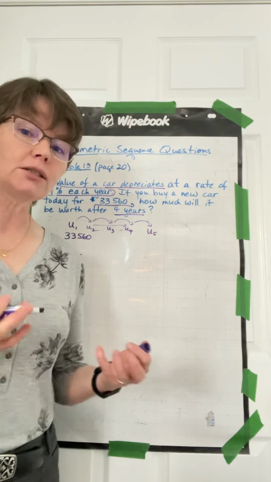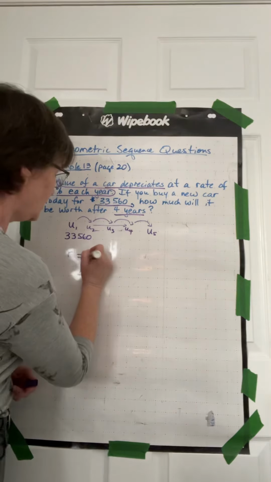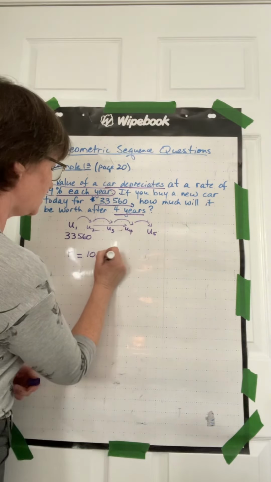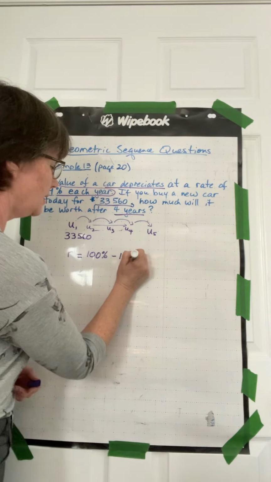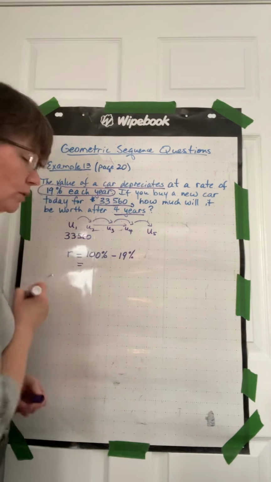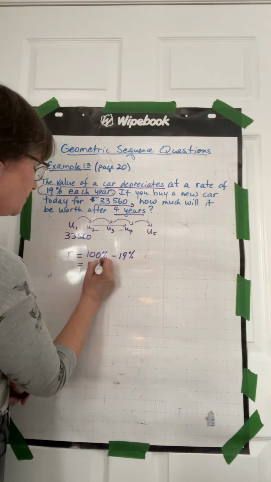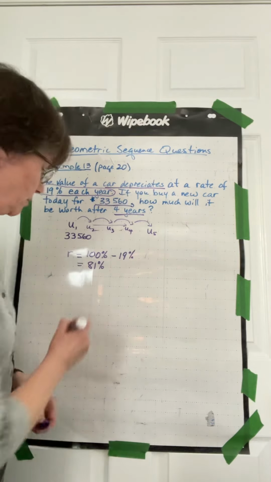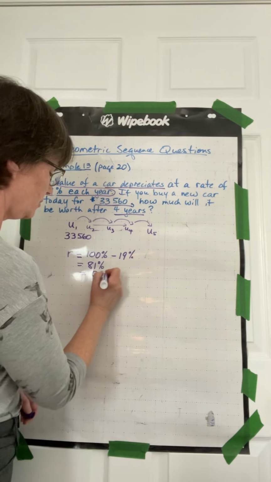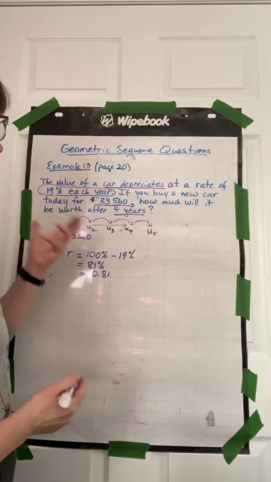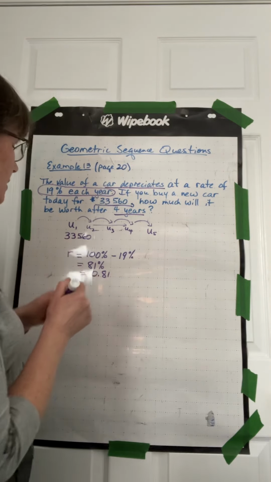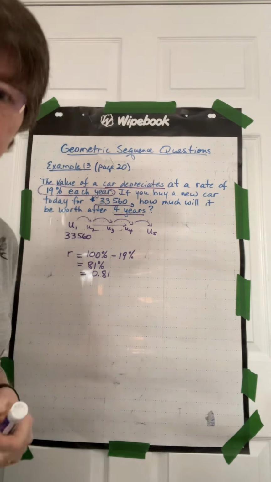So if we multiply by 100% minus whatever percent the depreciation is, 19%, that will give us what our value is, which is 81%, better written as 0.81. Okay, so in other words, we could multiply this number by, I'll show you what I mean.